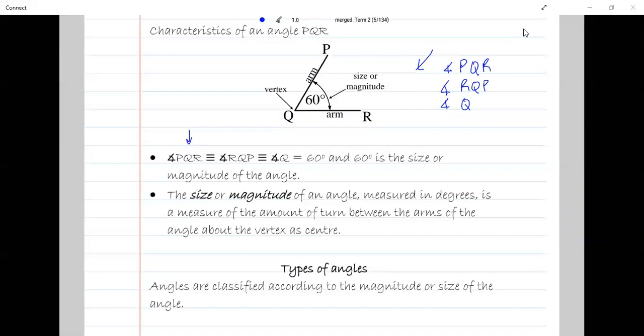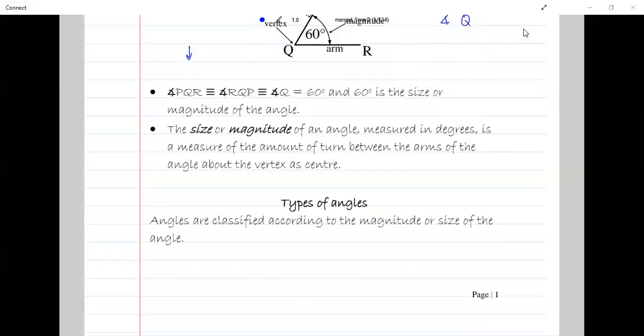Continuing. Now, the size or magnitude of an angle measures the amount of turn between the arms of the angle about the vertex as the center.